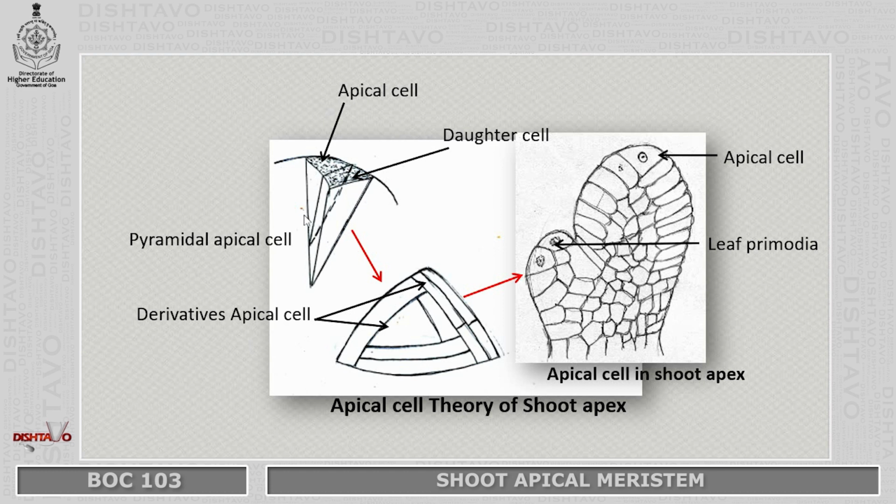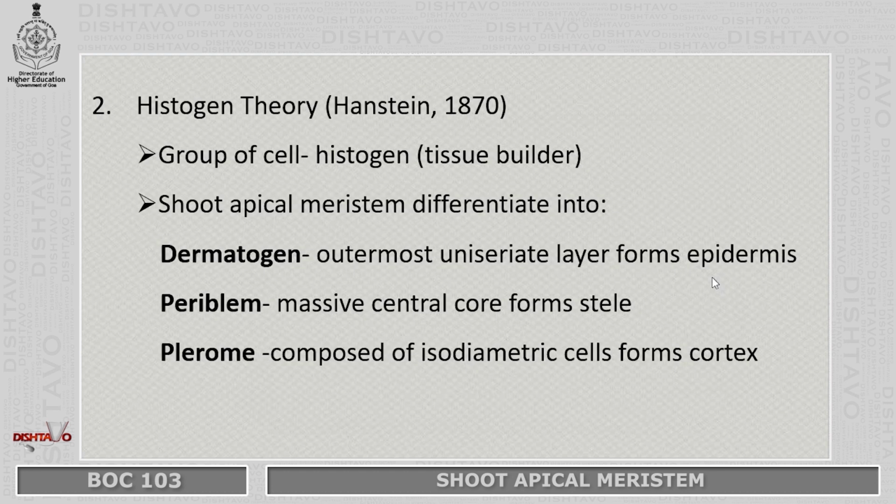In this diagram, this is the apical cell, which undergoes posterior division and forms various derivatives. These derivatives later, upon differentiation, give rise to different organs of the shoot, for example the leaf primordia.